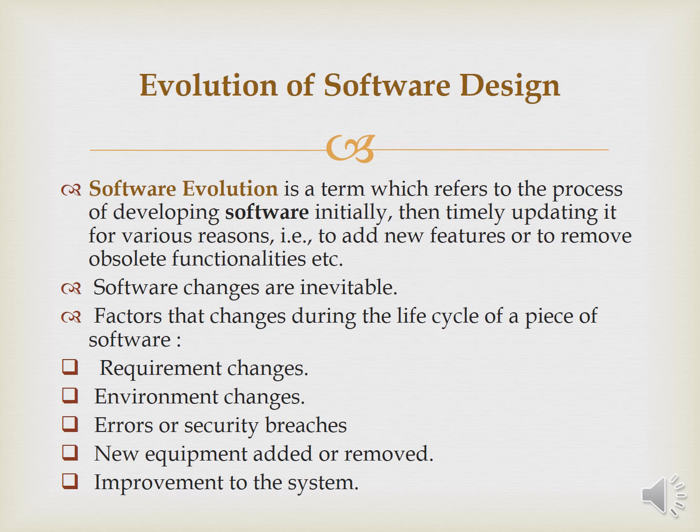Regardless of the design method that is used, you should apply a set of basic concepts to data, architectural, then interface and component level design. These concepts are considered in the sections that follow. So all this is about the evolution of software design.